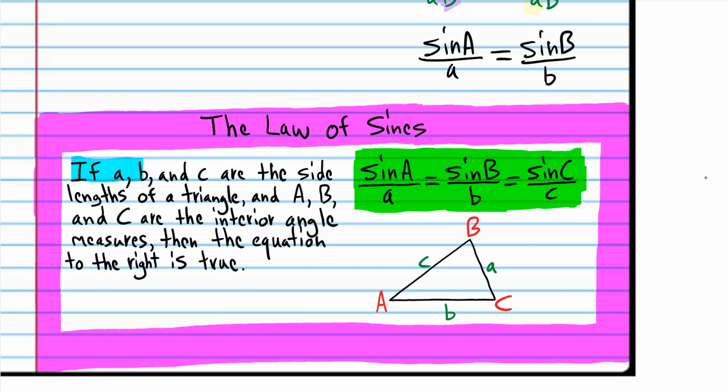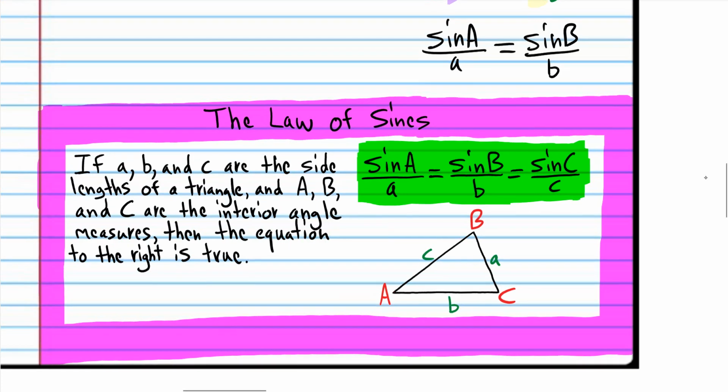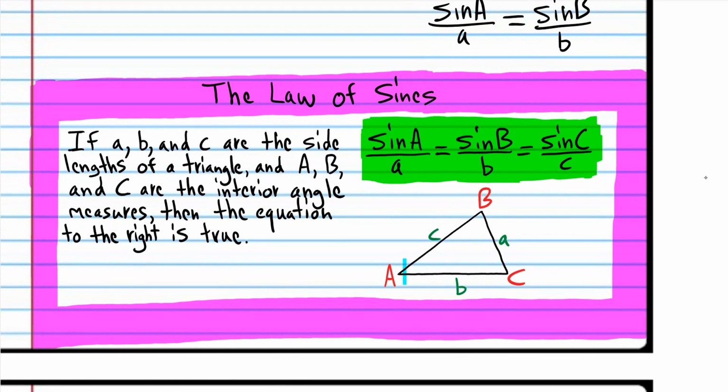So let's read the law of sines. If lowercase a, lowercase b, and lowercase c are the side lengths of a triangle, and uppercase A, uppercase B, and uppercase C are the interior angle measures, then the equation to the right is true. Now notice we have vertex A down here, and the side opposite angle A is called lowercase a.